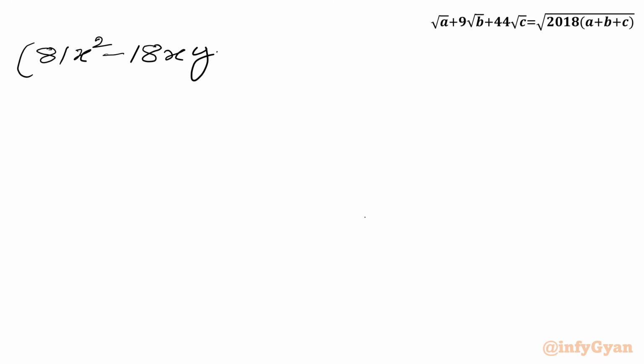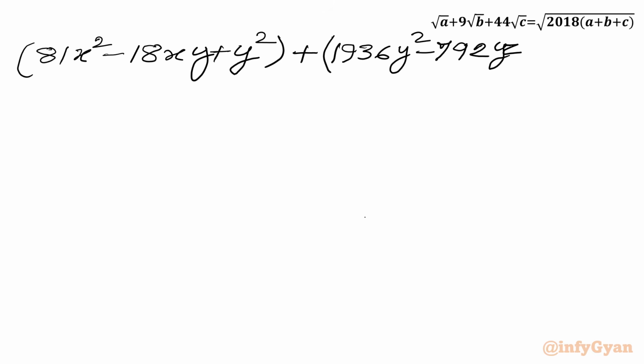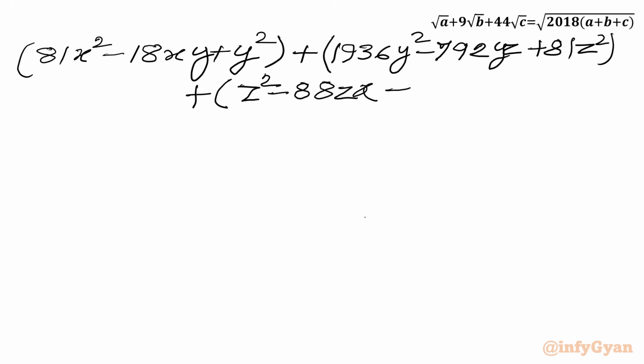Let me write all three brackets first: 81x² minus 18xy plus y², then 1936y² minus 792yz plus 81z², then the third bracket where we will write z² minus 88zx plus 1936x². This will be equal to 0.